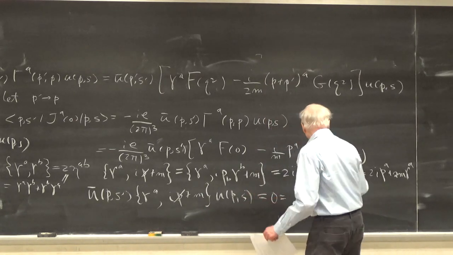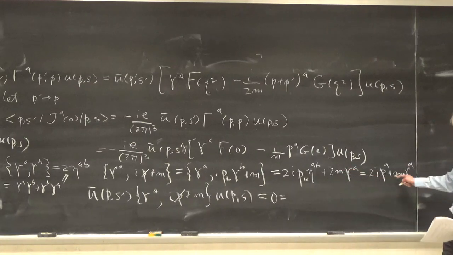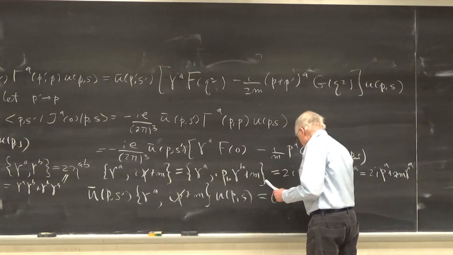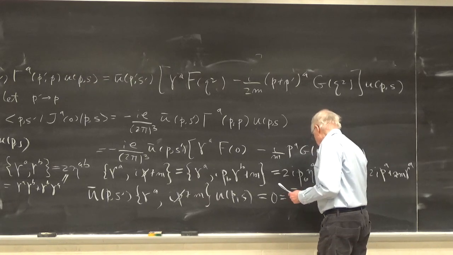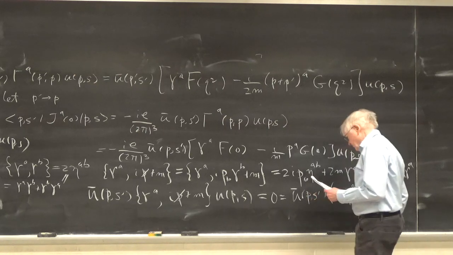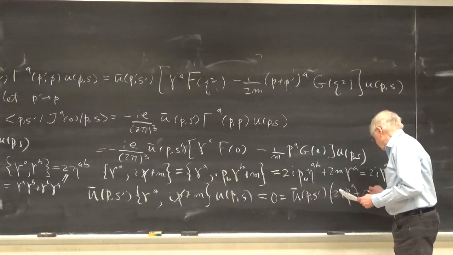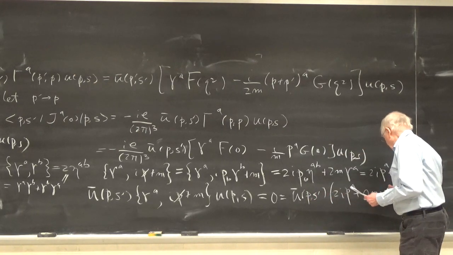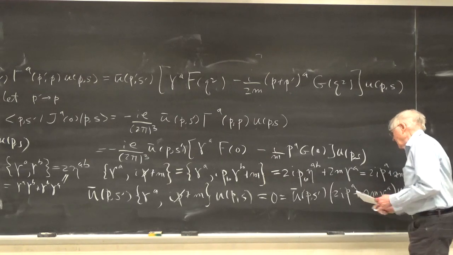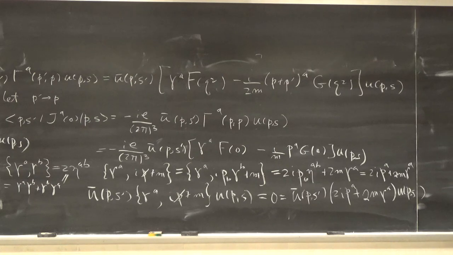And since the anti-commutator is this, we also have the result that U bar of P and S prime, 2I PA plus 2M gamma A, U of P and S is also 0.